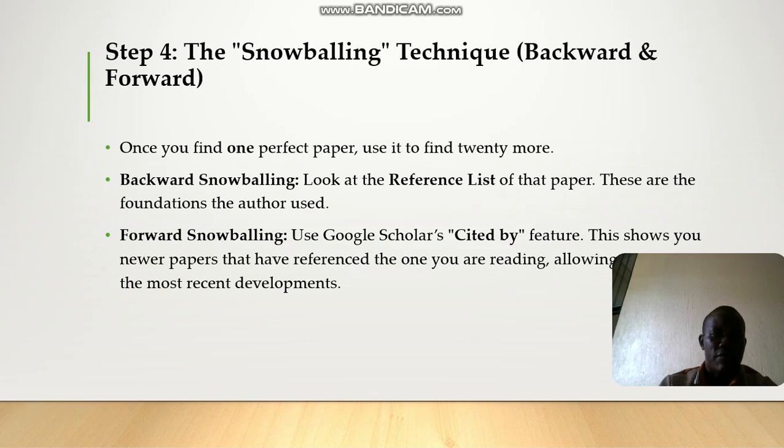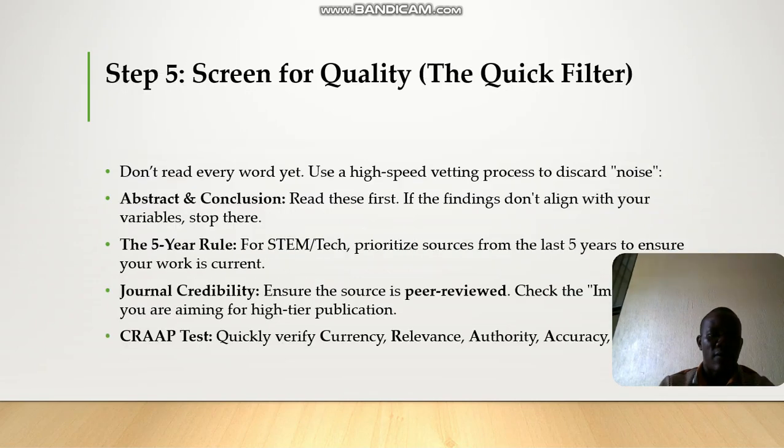These are the foundations that the author used. Then we have forward snowballing, where you use Google Scholar's cited by feature, which shows you the newer papers that have referenced the one you are going to read, allowing the most recent developments.